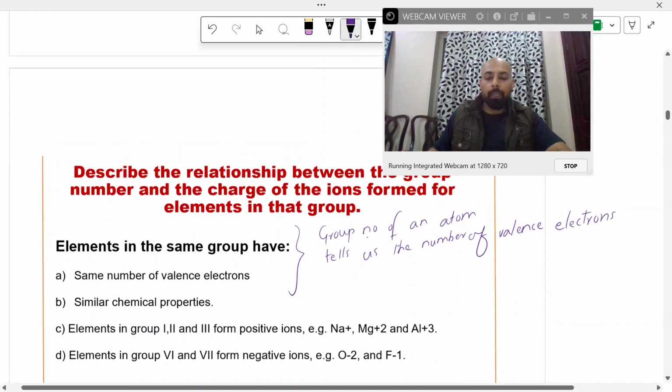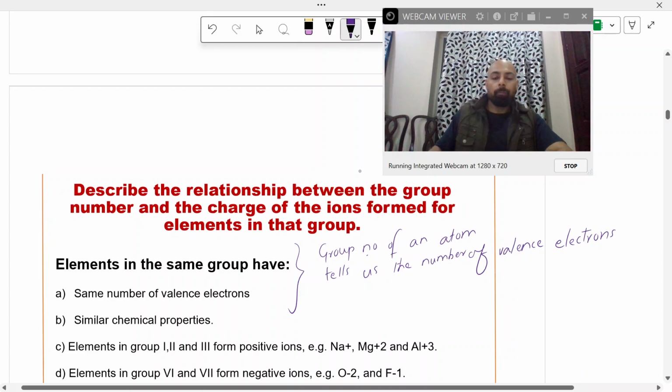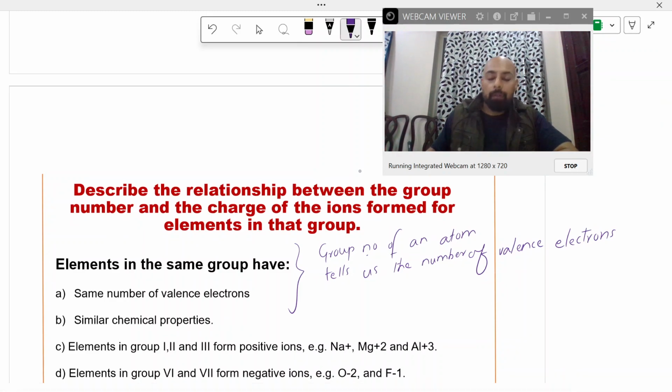So whatever the group number of anything, we can easily predict that its outer shell has that many electrons.